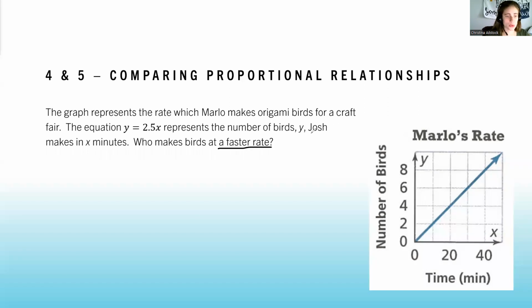Well, let's go ahead and start with Josh here. We have an equation given for Josh's scenario. So we know that Josh can make 2.5 birds every minute, because that's our constant of proportionality.